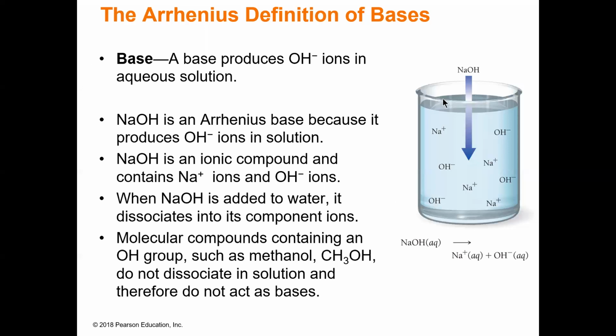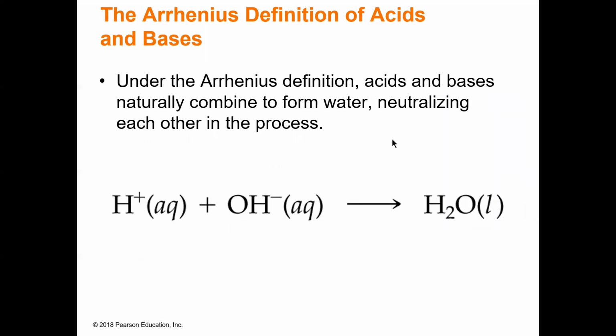This definition of an Arrhenius base is limited, okay? So it doesn't explain a lot of bases out there. If we stick with just this simplified Arrhenius definition, it doesn't really matter what acid and what base it is, it could be hydrochloric acid, it could be hydrofluoric acid, it could be sodium hydroxide, it could be calcium hydroxide, whatever it happens to be, the overall net ionic equation will always be this.